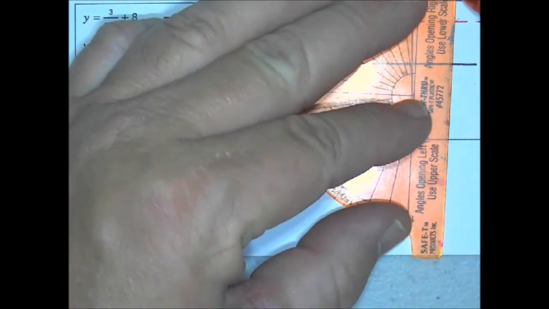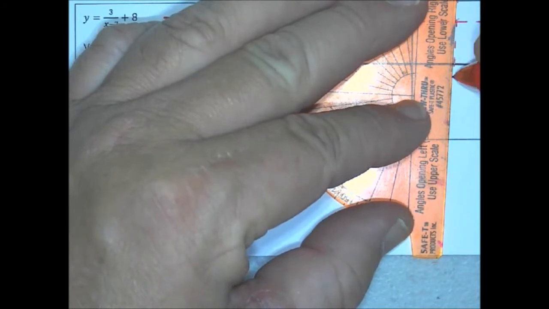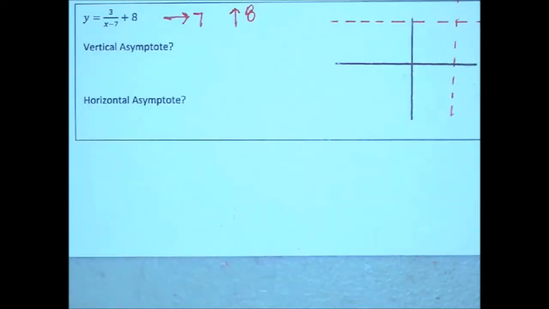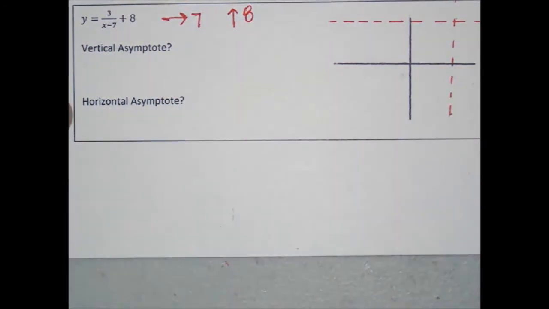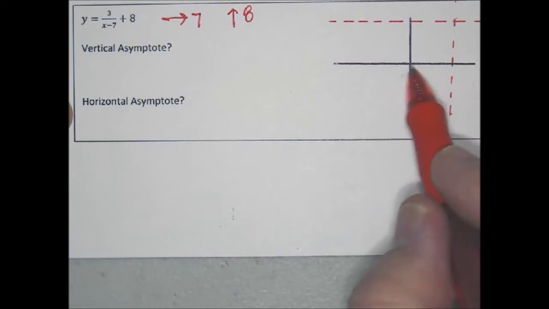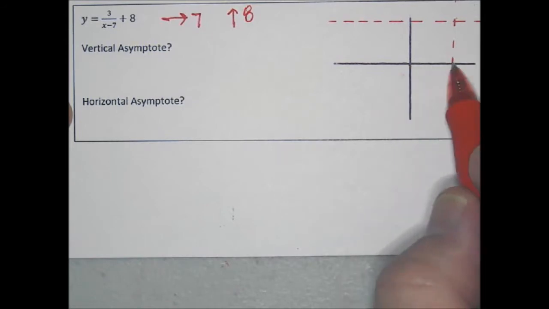The horizontal and the vertical. Now the horizontal asymptote, the one that goes up and down, remember I went right 7 units, and that's the vertical asymptote.